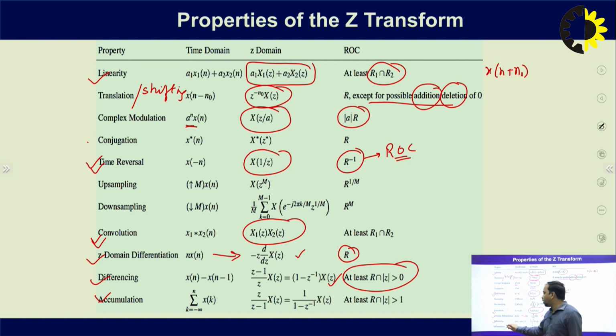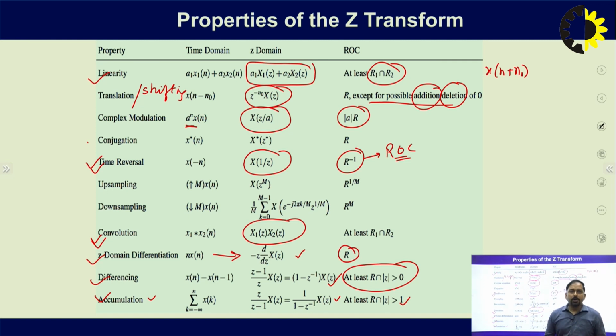Similarly, the accumulation property is a bit similar to what we have seen in the Laplace transform, the integration property. The result we get here is 1 by 1 minus z inverse multiplied by X(z). So the ROC will definitely be R intersection with mod z greater than 1.